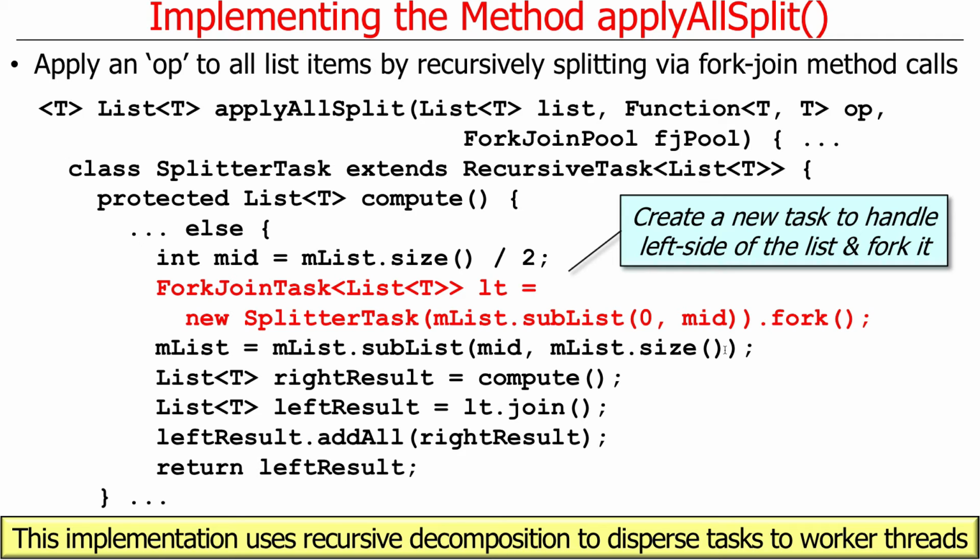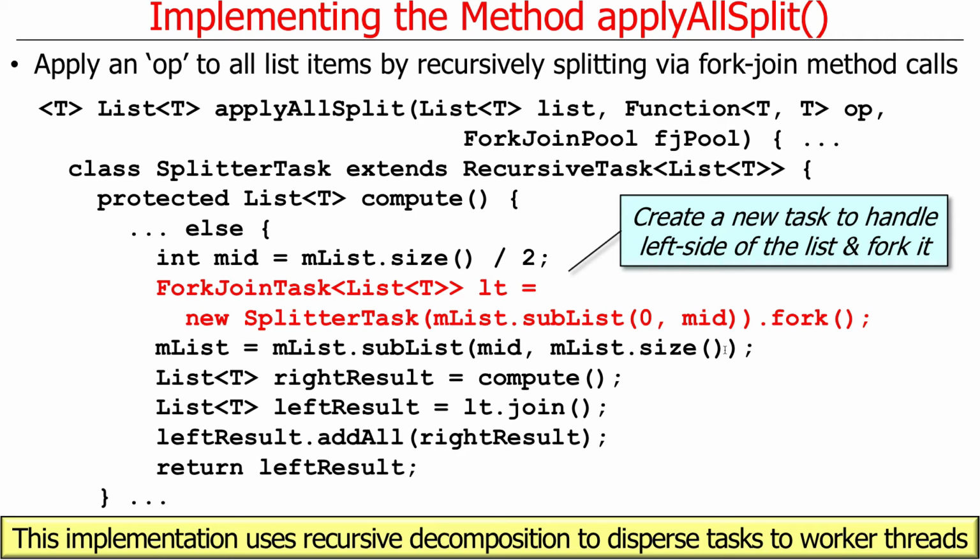We're going to make a new splitter task that's going to start at the beginning of the list up to the midpoint. And we're going to go ahead and fork off this new splitter task to handle the left-hand side of the list from 0 to mid.